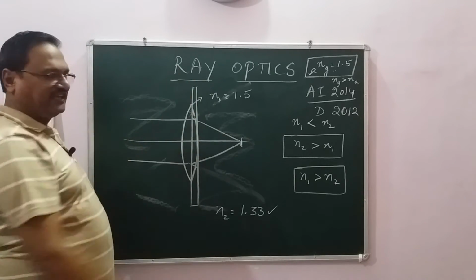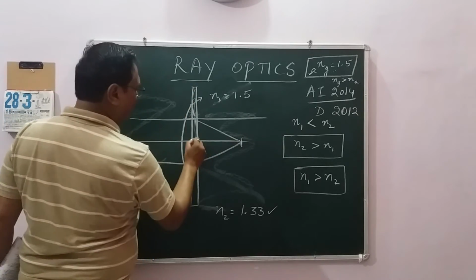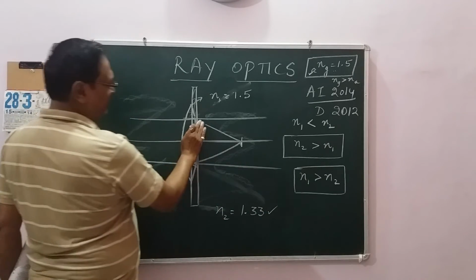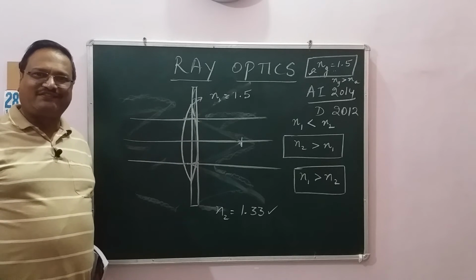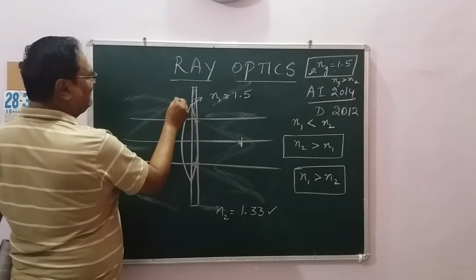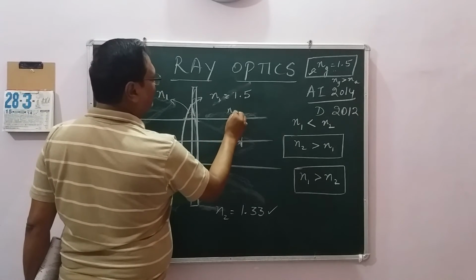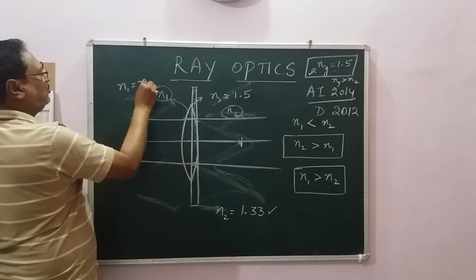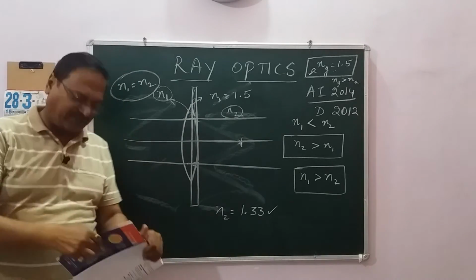If it is a plain glass sheet, the ray should go without converging or diverging. What is the condition for it to be satisfied? Think, what should be the condition? The lens's refractive index should be equal to that of the surrounding medium. When N1 is equal to N2, it will behave like a glass sheet.